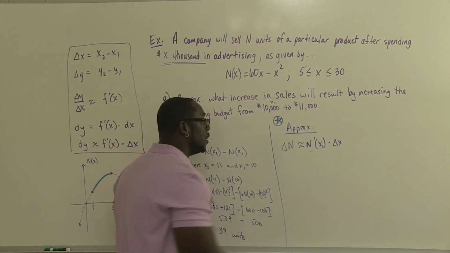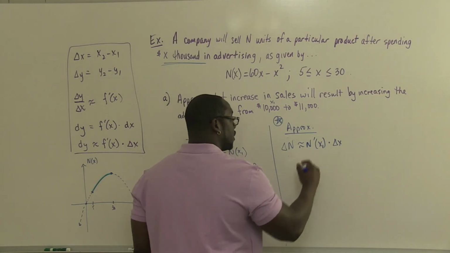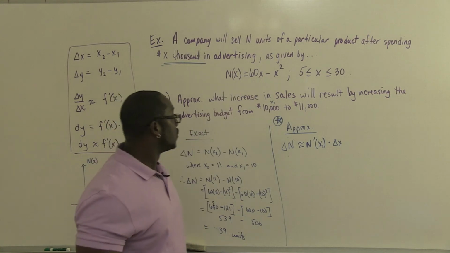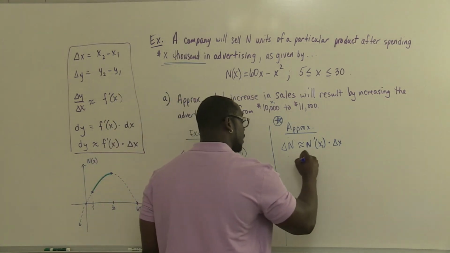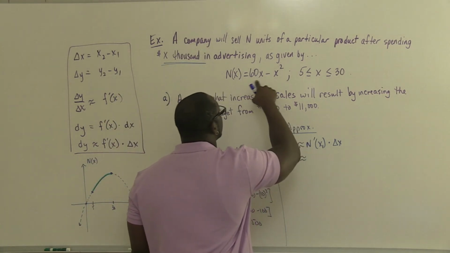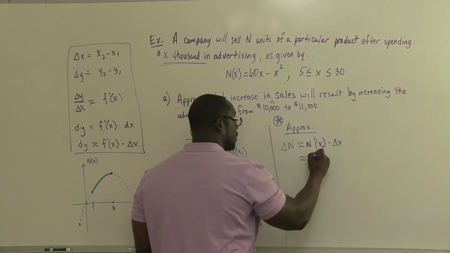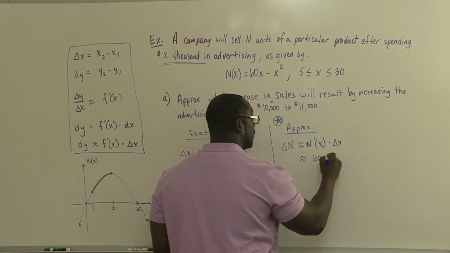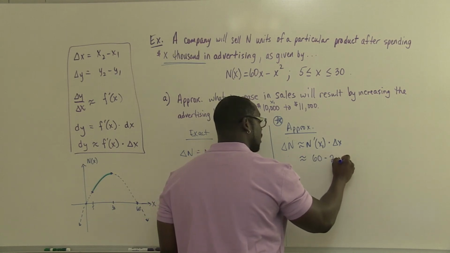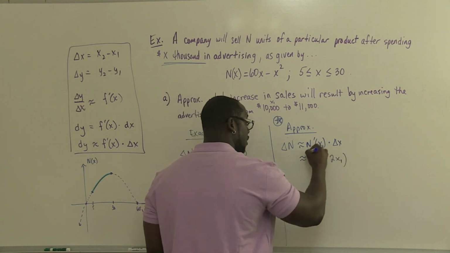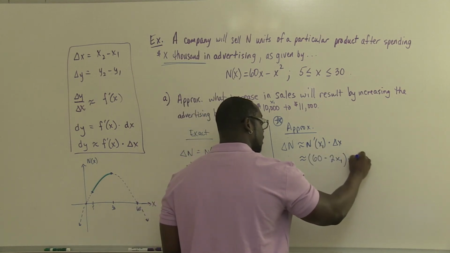When we see this, the first thing we need to do is find the derivative. The derivative of N of x is just going to be 60 minus 2x. In this case, I'm going to put x1, and then times our delta x.